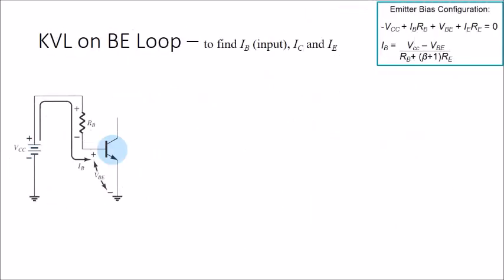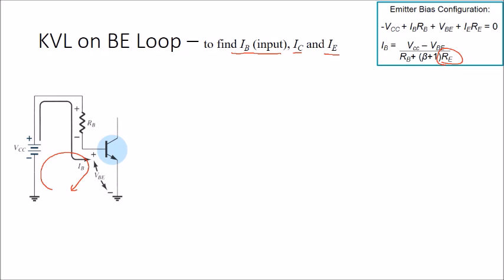For the KVL, BE loop first, to find the value of IB, IC, and also IE. As I mentioned just now, we can just substitute the value of RE with zero, but maybe we can try the KVL first. Let's say we use the clockwise loop.